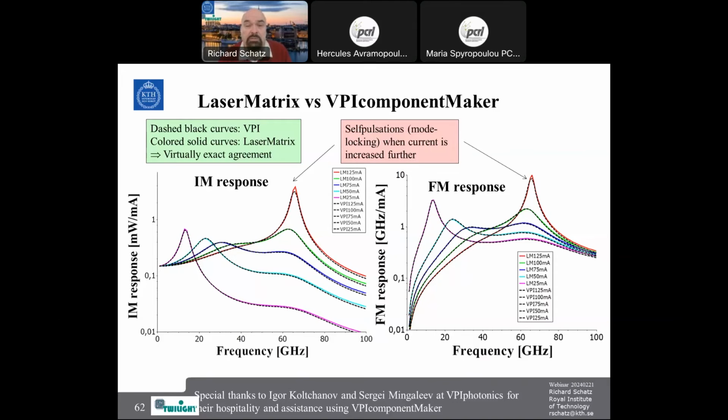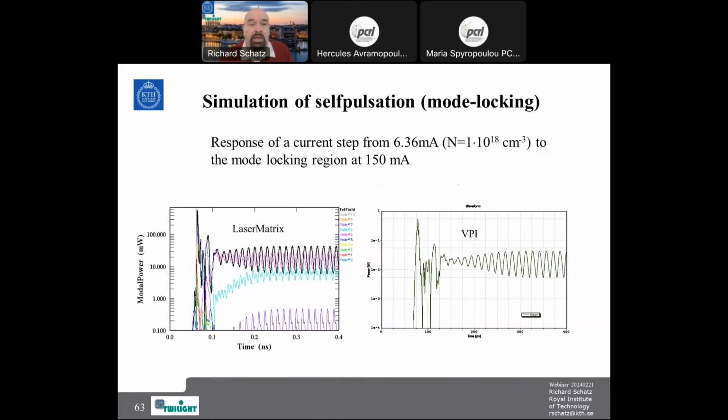So in this way we saw that both programs really calculate correctly, and we didn't change anything in our programs to get this agreement. So both are implemented correctly. So you can trust VPI, but you can also trust LaserMatrix. Here is also a simulation of self-pulsation, the mode locking large signal simulations in LaserMatrix and VPI, and again you see you get quite good agreement.